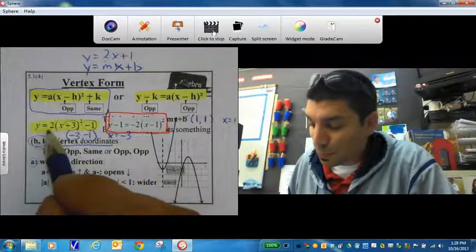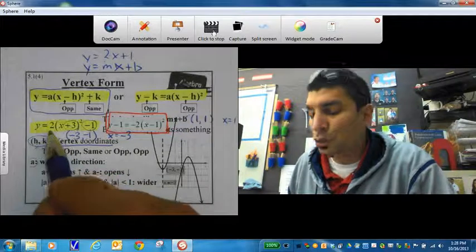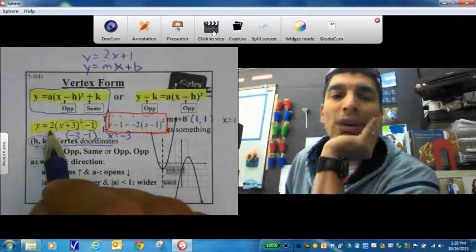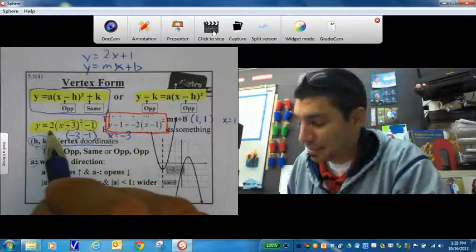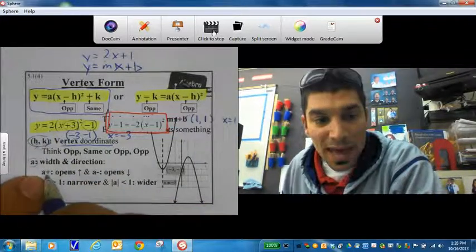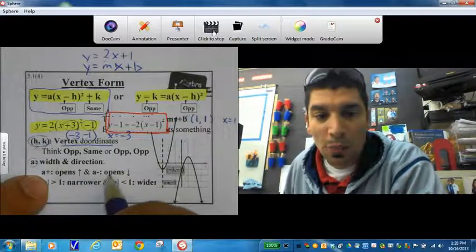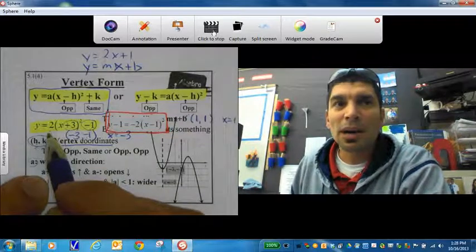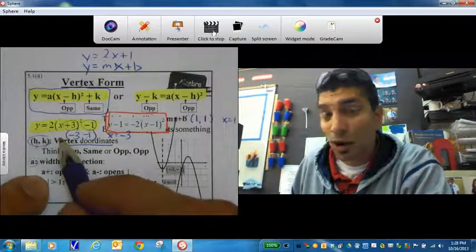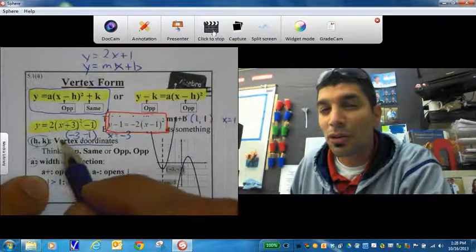So here we go. In this problem here where I have 2, x plus 1, is this 2 positive or negative? Well, hopefully you know it's positive. And it says here, if A is positive, it opens upward. And if A is negative, it opens downward. This is positive. It means it opens upward. An easy way to remember that is are you a positive person? Which way is your mouth parabola?